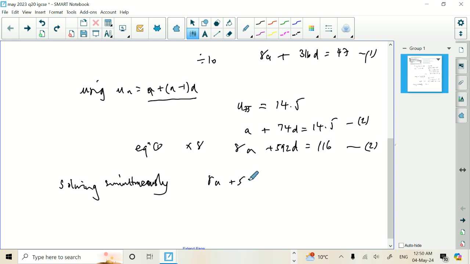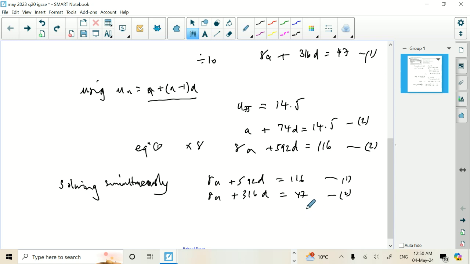Let's take the bigger one. 592d is equal to 116. And then, of course, I've got 8a plus 316d is equal to 47.